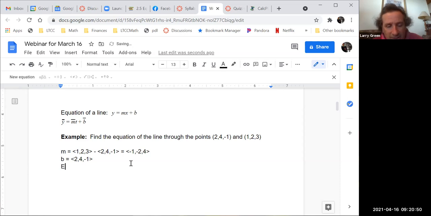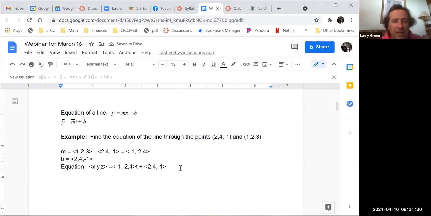So then our equation, let's write it in vector form first, is the vector (x, y, z). That's what our y vector is. It equals m, which is (-1, -2, 4), times t, plus b, which is (2, 4, -1).